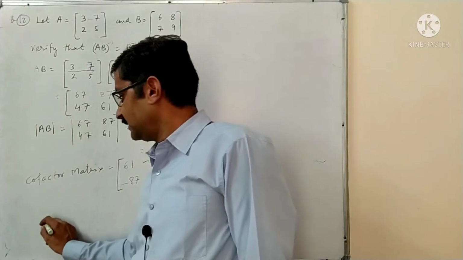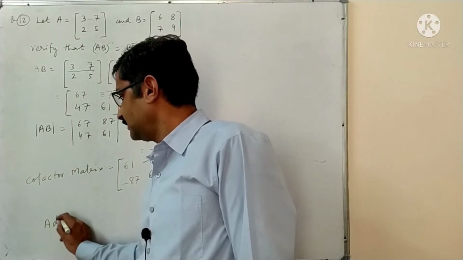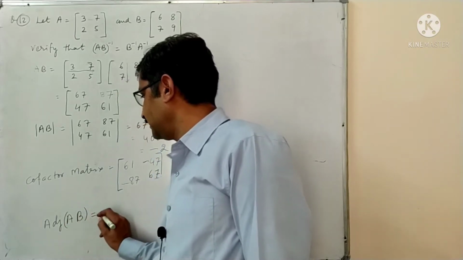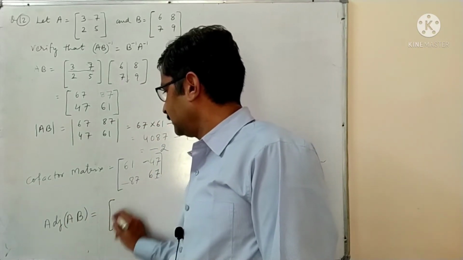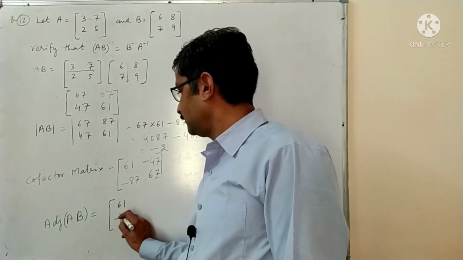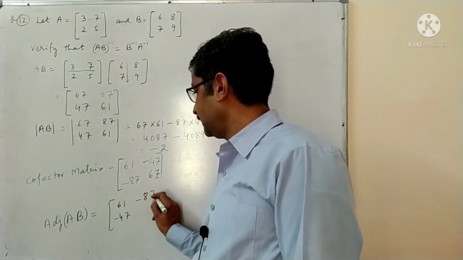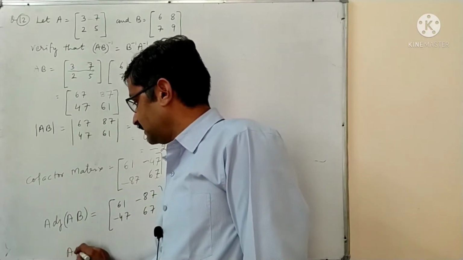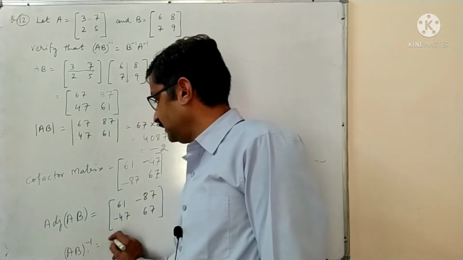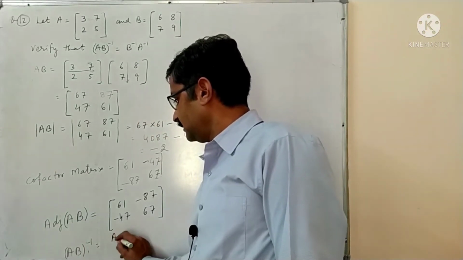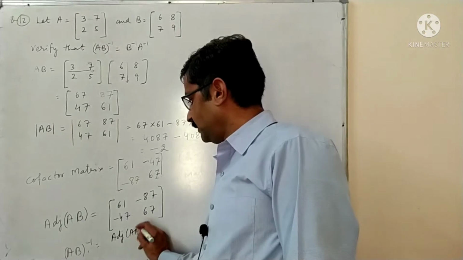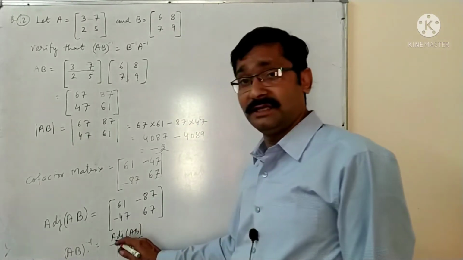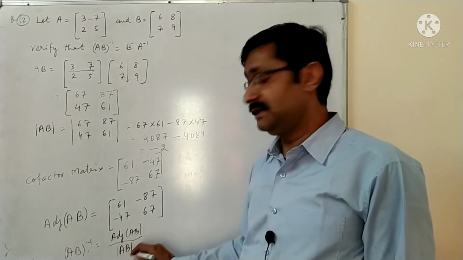So this is the cofactor matrix. By this you can find the adjoint AB, and adjoint AB is equal to the transpose of this: 61, minus 47, minus 87 and 67. So we will get AB inverse, which will be equal to adjoint AB upon determinant AB.